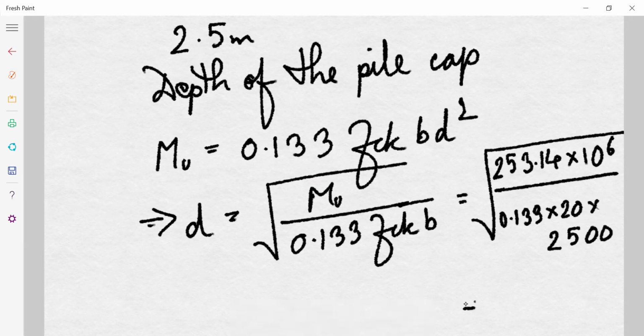So you calculate how much it comes. So root over 253.14 into 10 to the power 6 by 0.133 into 20 into 2500. So it is coming around 195.